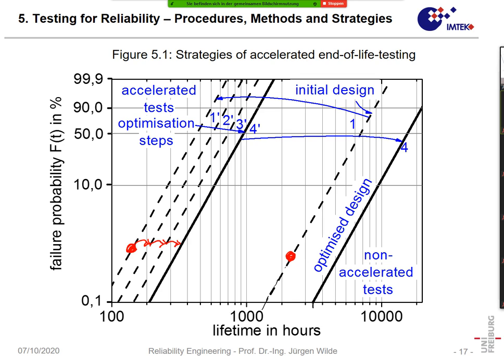Between here and here, you have an acceleration factor. What is it here? It is something like, let's say, 30. Is it correct here?